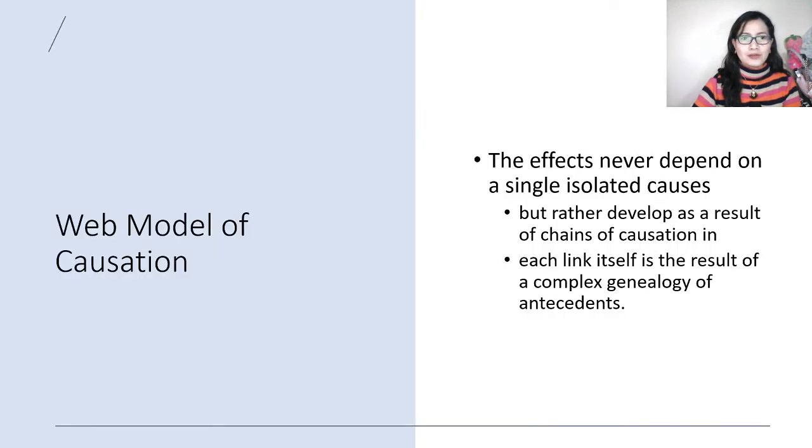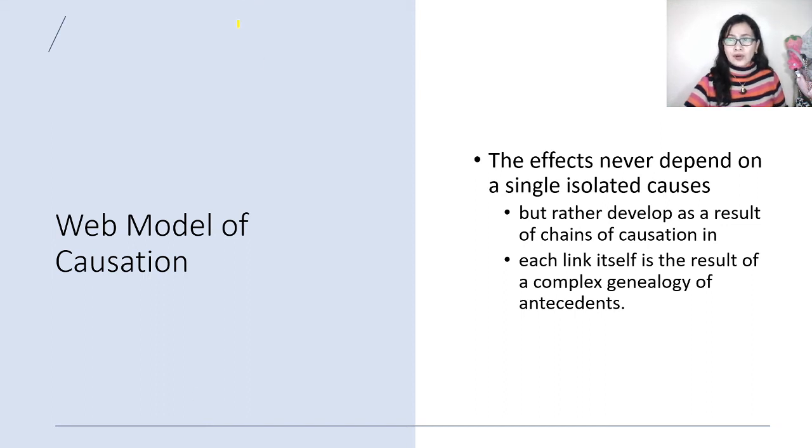Now, let's move on to the web model of causation. So, here, the essence of this concept is that disease is not dependent on a single isolated cause, but rather develops as a result of change of causation in each link.